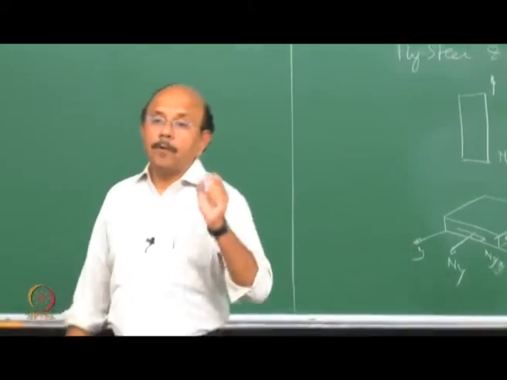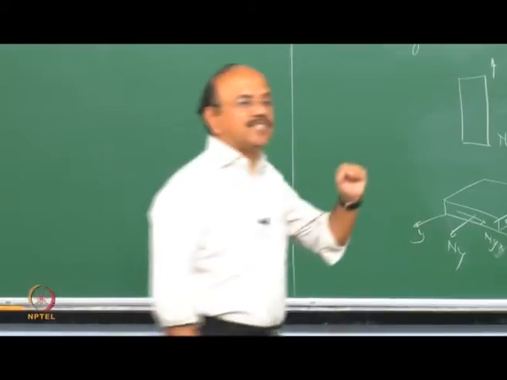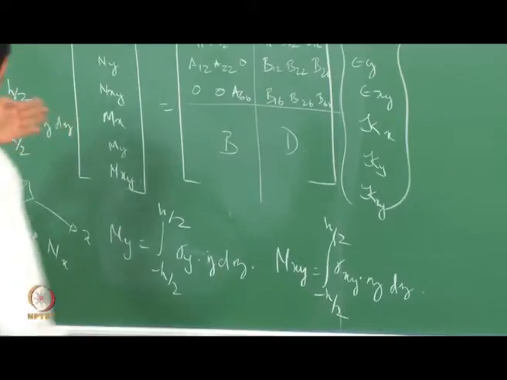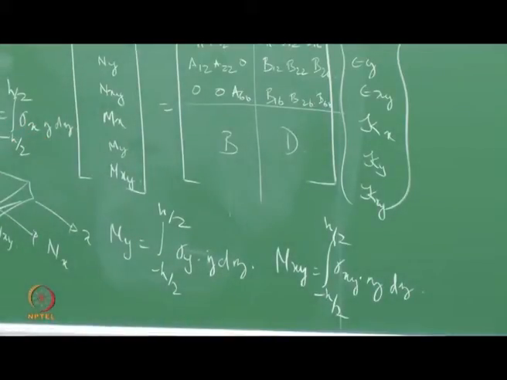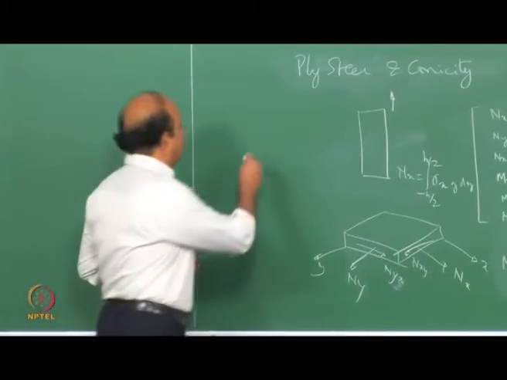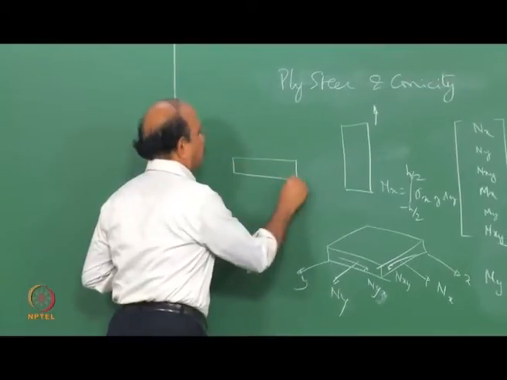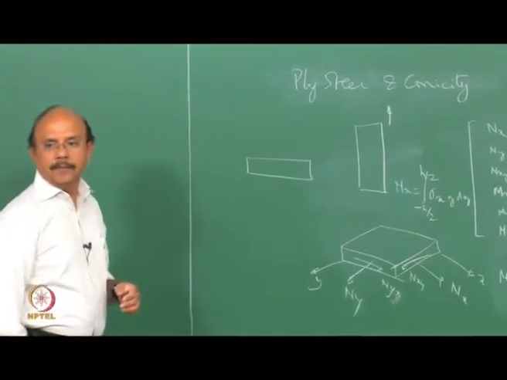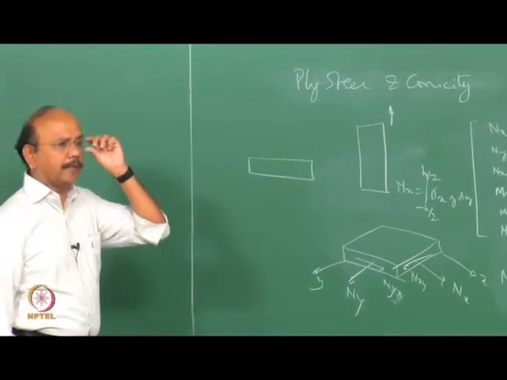Okay, so the moments are the result of stresses that are acting in this plane. Remember we had a simple beam. Remember that we had beam bending, say, for example, in your earlier classes on mechanics of materials.